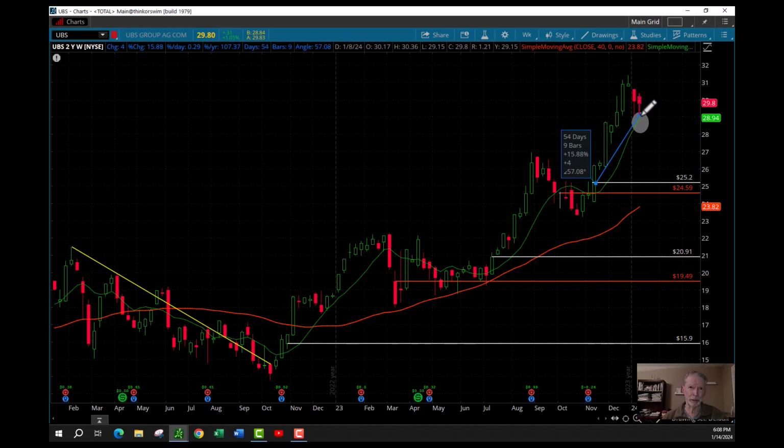We don't know what's going to happen. It could go south, it could go sideways, it could go north. We don't know. So we're going to wait until it closes below this 9-period moving average. So let me take this off for a second.